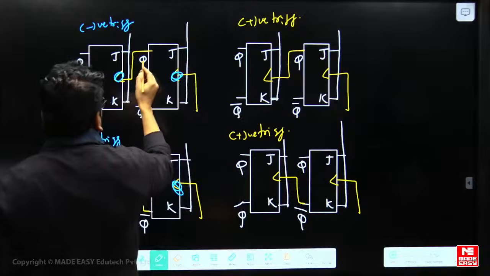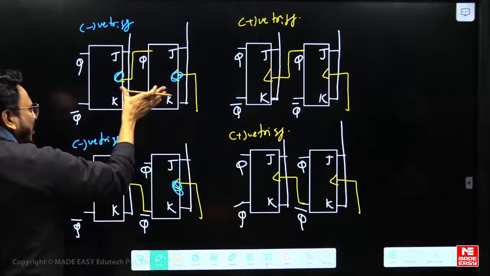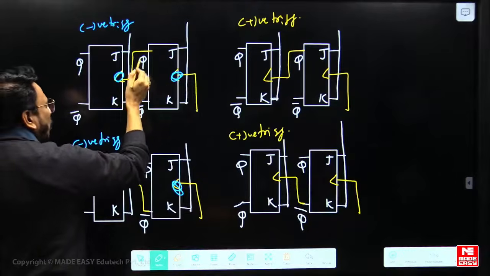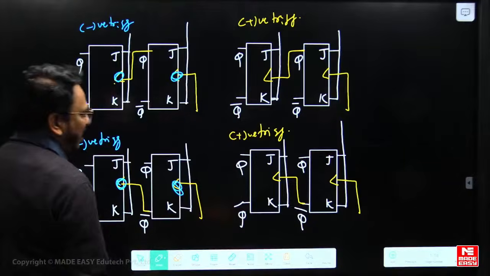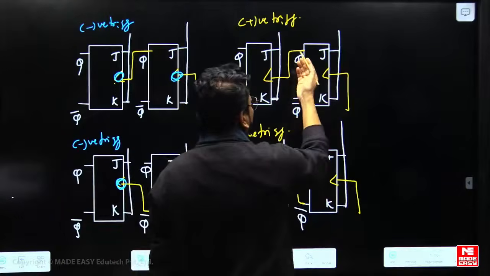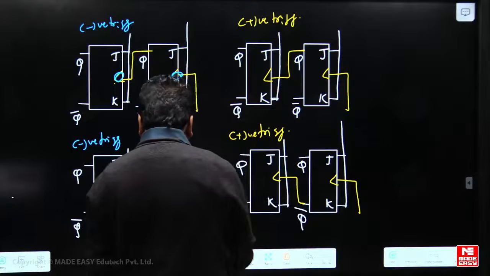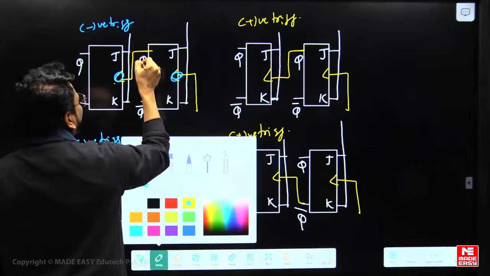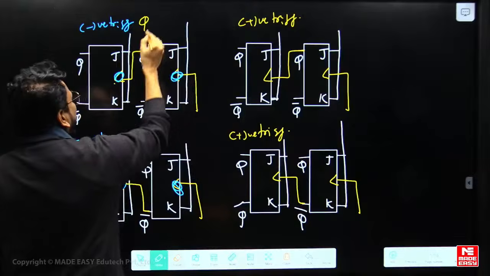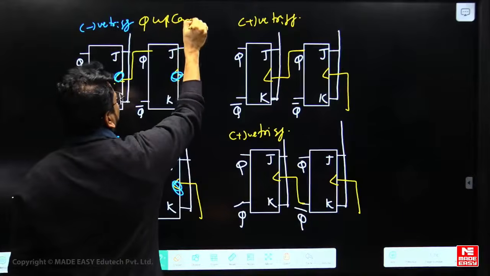So for this particular circuit, the connection was taken from Q, and for this particular circuit, the connection is taken from Q bar. And for this, from Q is taken, from Q bar is taken. That means for negative triggering, from Q, up, it is connected, so it is an up counter.